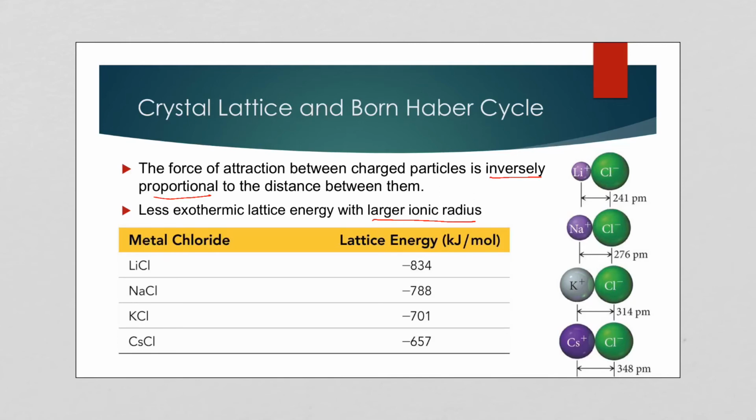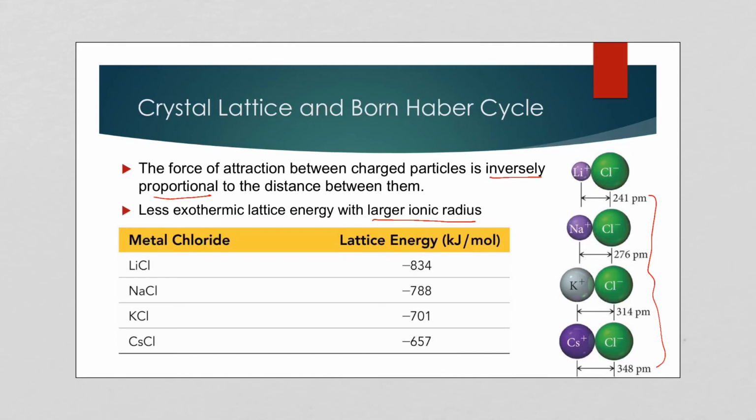If we look at the ionic compounds with chloride and the group 1 metals, as they get bigger going down the column, our bonds are going to get longer. That's pretty predictable, because the atoms are getting bigger. So we would predict that the lattice energy should get lower as you go down because the bonds are longer and therefore weaker. And that's exactly what we see.